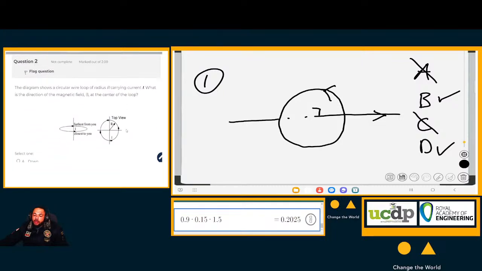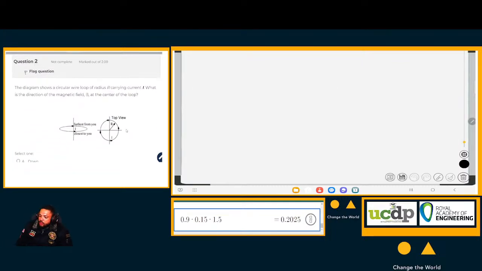Now, question number 2. The diagram shows a circular wire loop of radius R carrying current I. So there we have the wire, the drawing there.